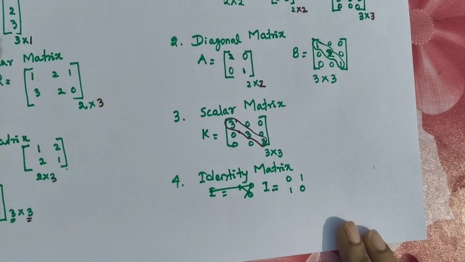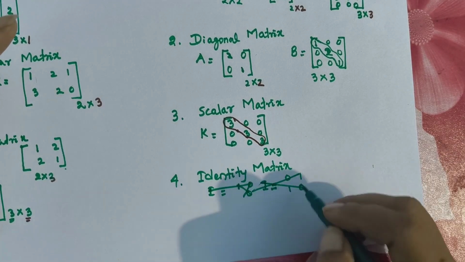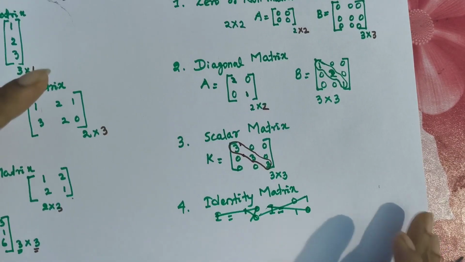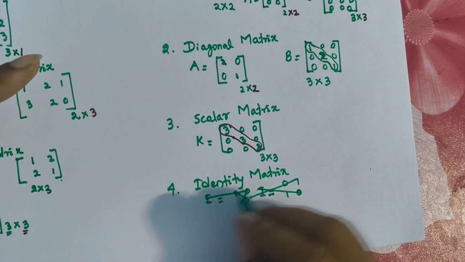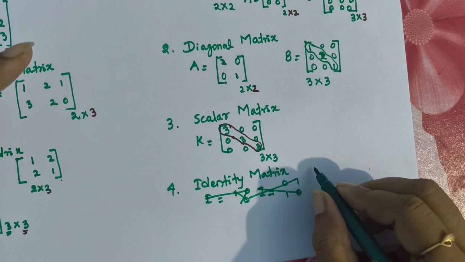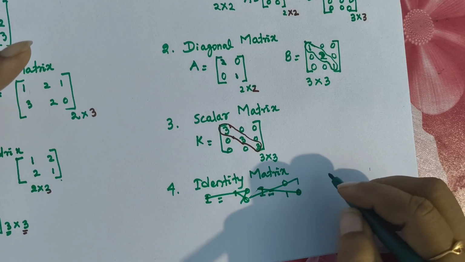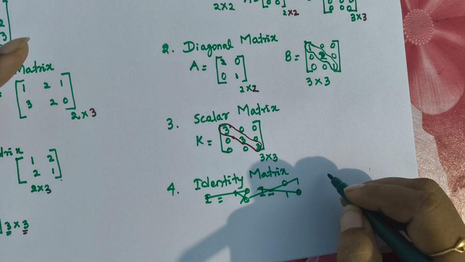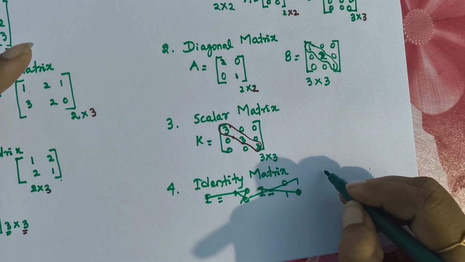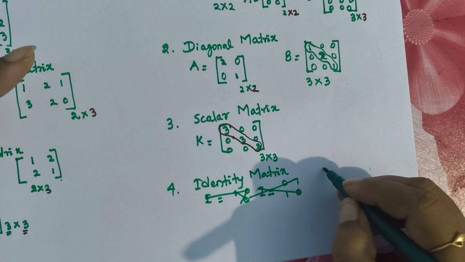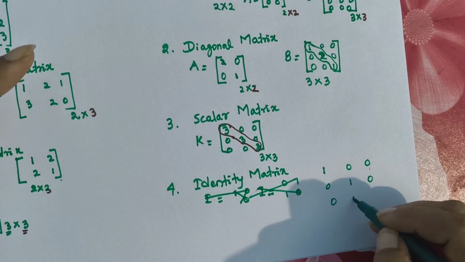Identity matrix of order 3 by 3 will be 1 0 0, 0 1 0, 0 0 1.